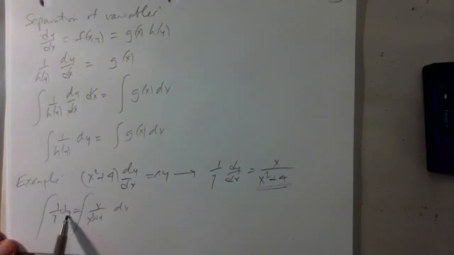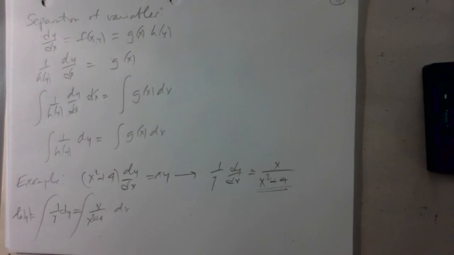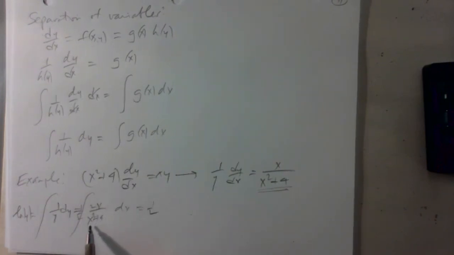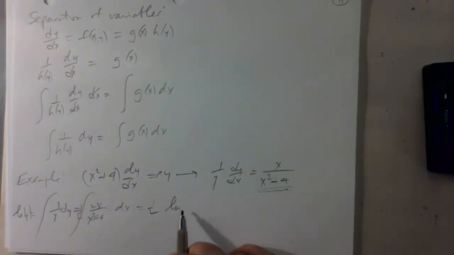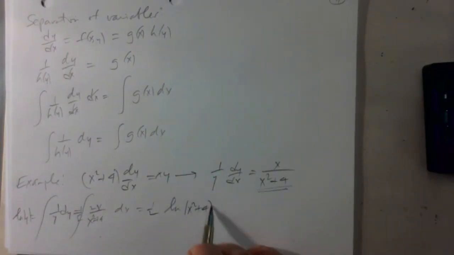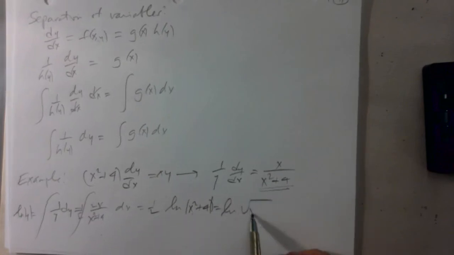The integral of 1 over y dy is the log of the absolute value of y. And to integrate this, multiply and divide by 2, then this is 1/2, and just making a substitution, u equal to x squared plus 4, this becomes the log of x squared plus 4. And 1/2 times the log is the log of the square root.